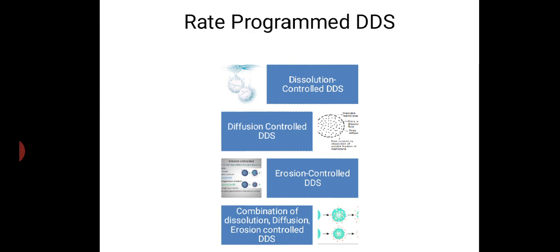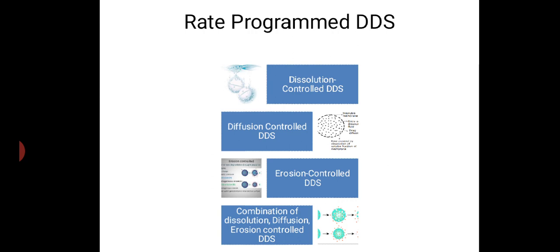The third one is the erosion controlled drug delivery system. So erosion is defined as a physical disintegration of a polymer, wax or polymer material as a result of degradation, and it is characterized by material loss from the polymer, generally in the physical state.